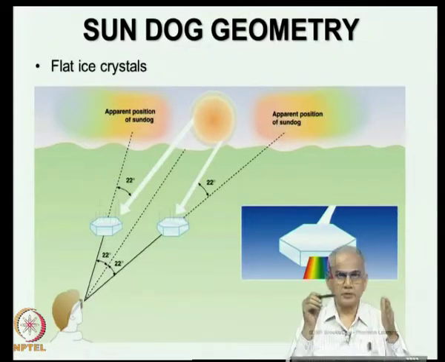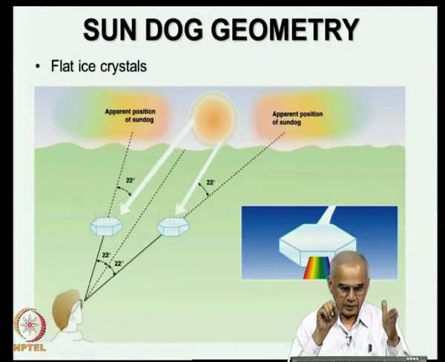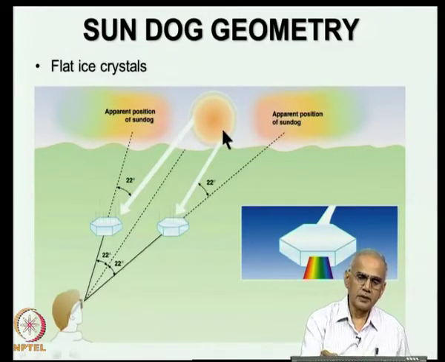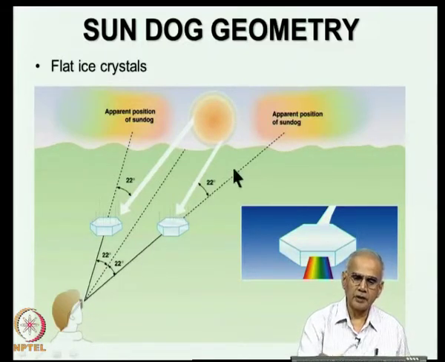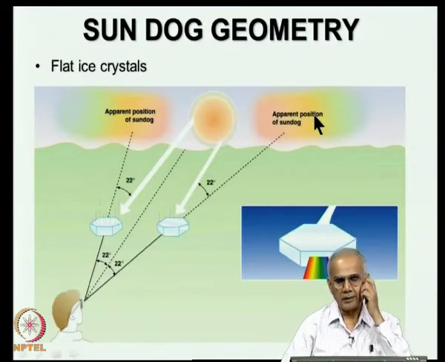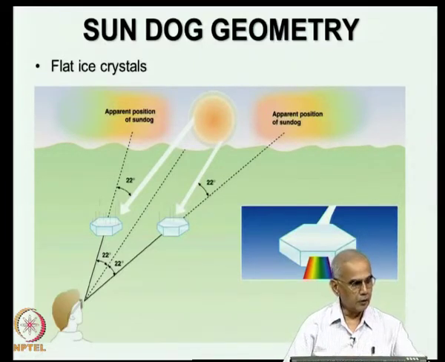Actually, it is coming from the edge of the sun, but due to refraction it is deflected slightly. So, for the observer, this light coming in and on refraction entering here, we extrapolate backwards and we see it here, and the other one we see it there. Okay. So, that is the sun dog.